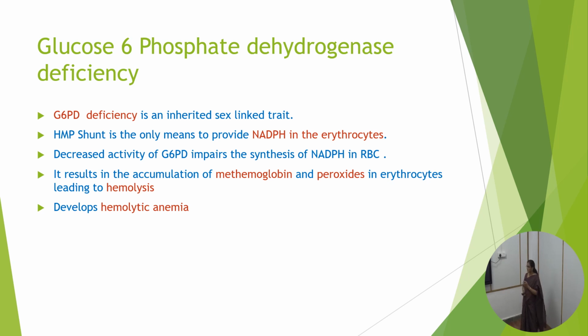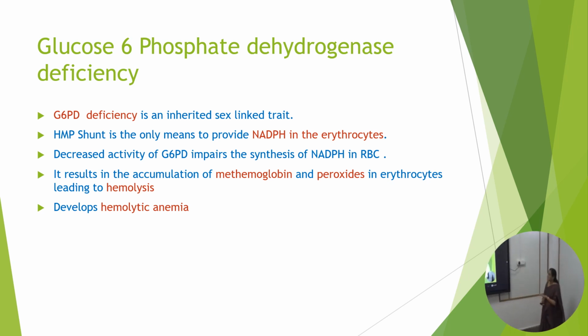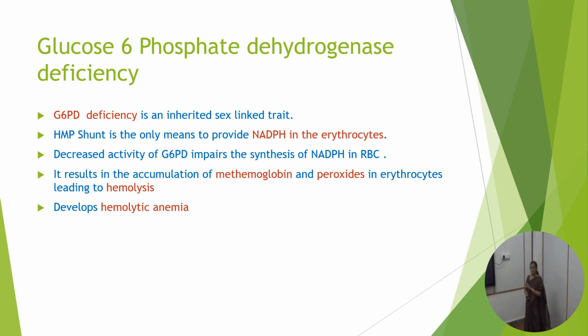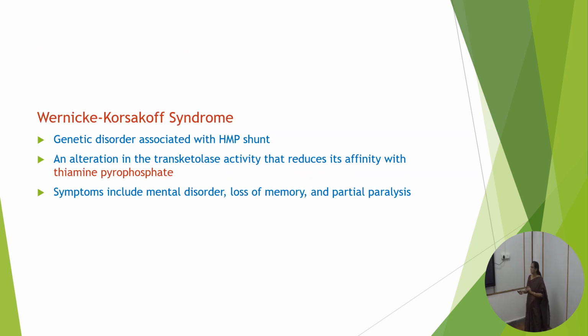If there is decreased activity of this G6PDH, it impairs the synthesis of NADPH, and ultimately it damages the membrane of the RBC, and that is going to lead to hemolysis, and that develops a disease, that is hemolytic anemia.